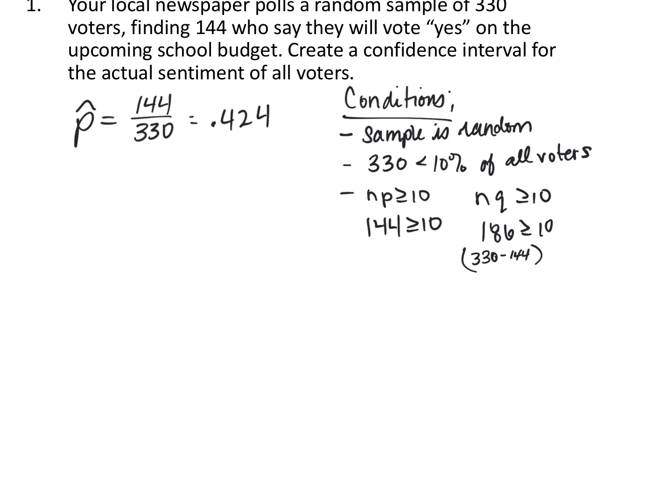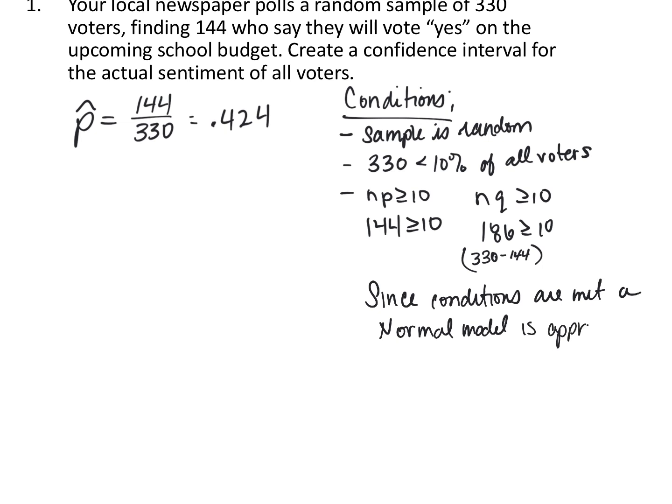So we're going to add on to our little sentence here, since conditions are met, a normal model is appropriate. One of the criteria on the AP exam is to identify your test by name or formula.